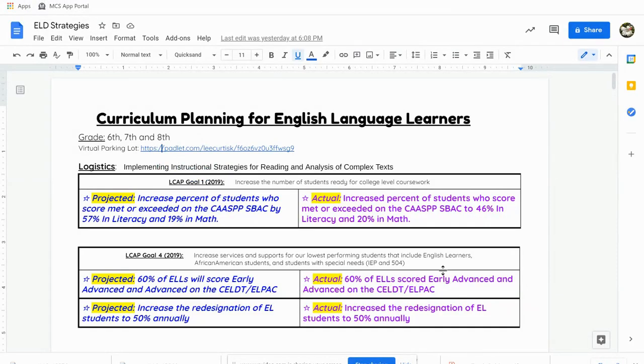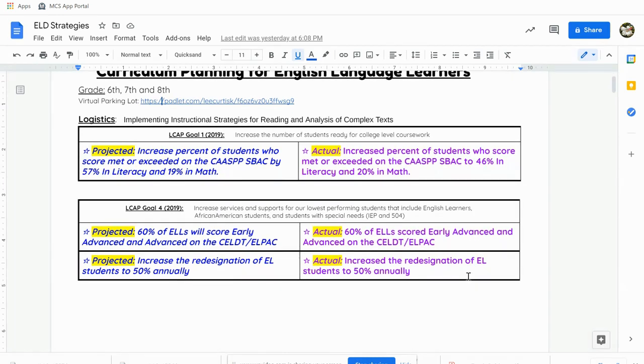All right, so the logistics of this document are, as the title of this presentation says, to learn how to implement instructional strategies for reading and analysis of complex text. I just put the LCAP goals on here again so that you could revisit them as you begin to place your information.